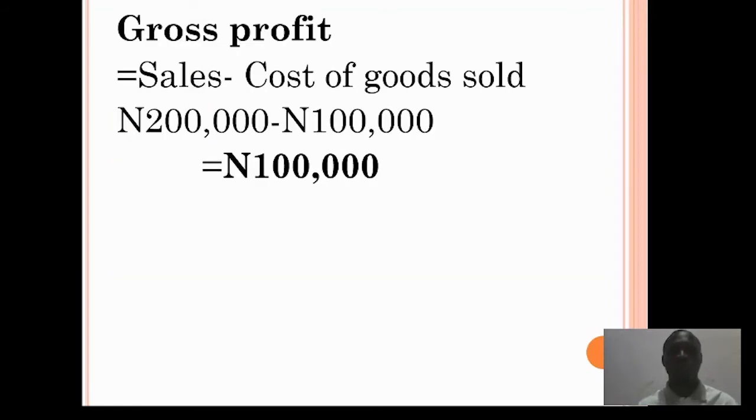And then the gross profit is sales minus cost of goods sold. Our sales is 200,000 naira, while the cost of goods sold is 100,000 naira. By the time we deduct 100,000 naira from 200,000 naira, we arrive at 100,000 naira. This is our gross profit.